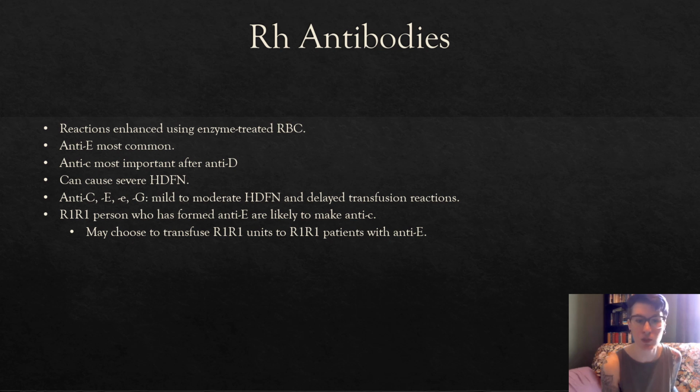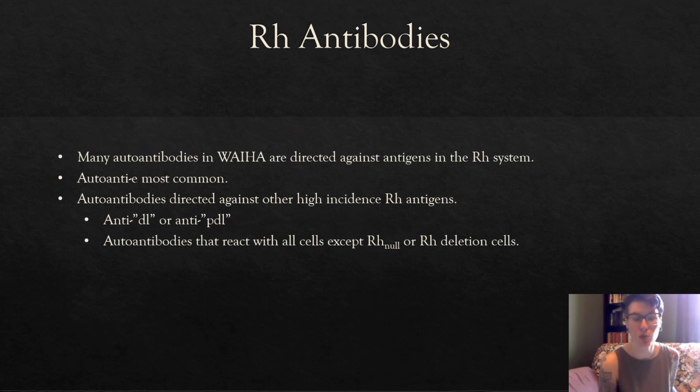Anti-little c is the most important after anti-D. They can cause hemolytic disease of the fetus and newborn. Most autoantibodies in warm autoimmune hemolytic anemia are directed against antigens in the Rh system. Auto anti-little e is the most common.